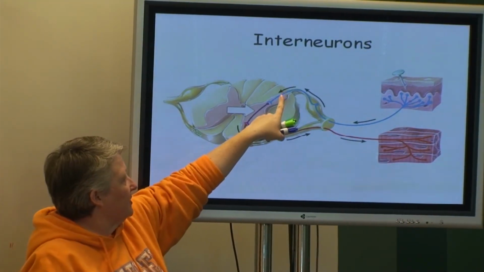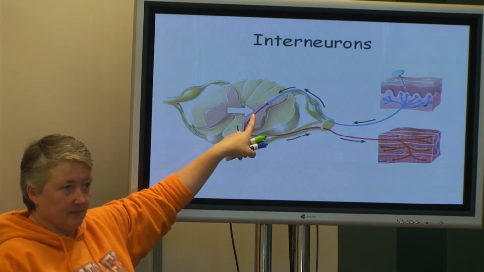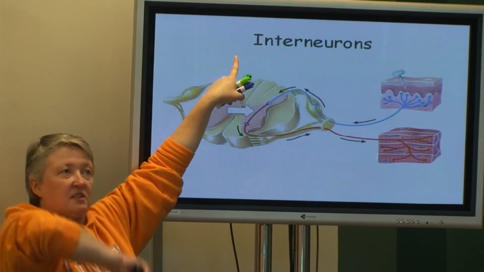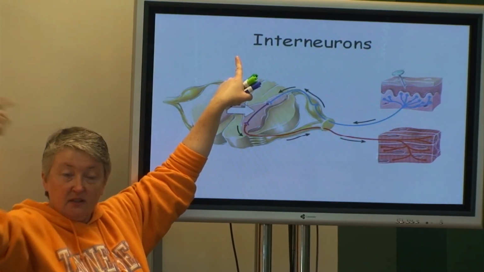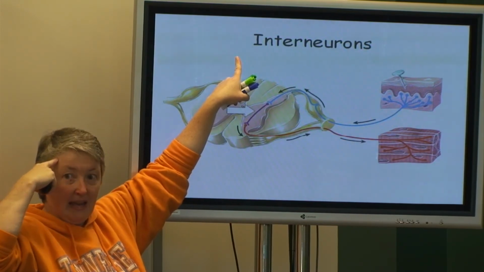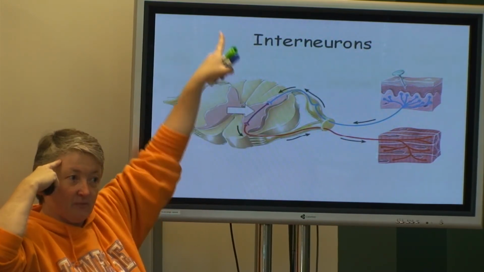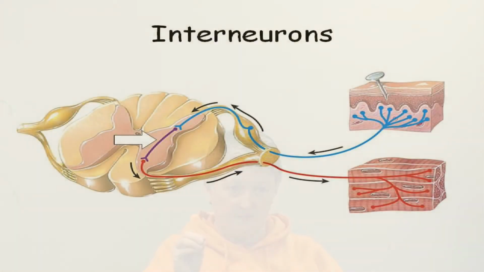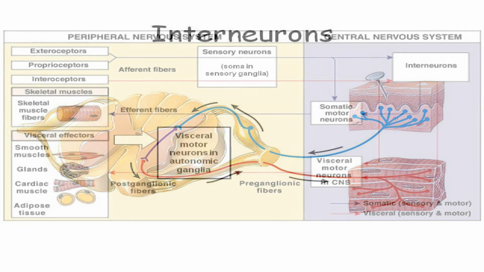Whereas if the sensory neuron synapses on an interneuron, which is going to send a signal to your thalamus, which is going to synapse on another neuron to send a signal to your cerebral cortex, the reason that you perceive the pain second is because you've got more synapses. So every place you've got a synapse, you get a bit of a delay. Polysynaptic reflex arcs take longer than monosynaptic reflex arcs.